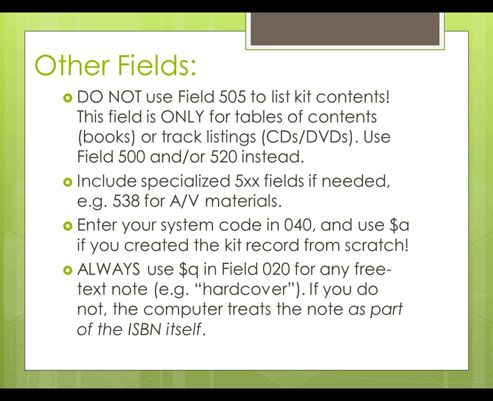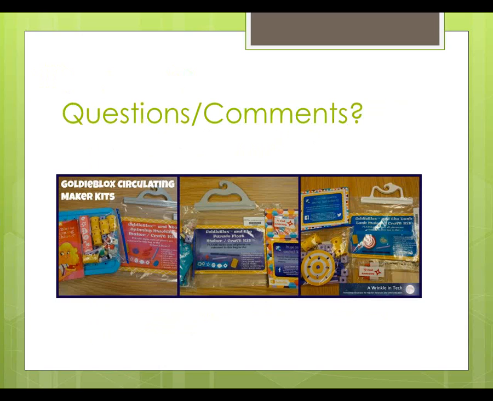Otherwise, the computer gets mixed up and it can't match on that ISBN. This is actually kind of important. We've had issues with duplicate records in the catalog as a result of this. And so that pretty much brings us to the end of the thing here.